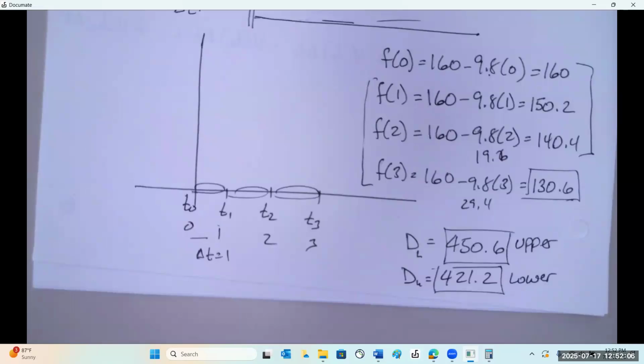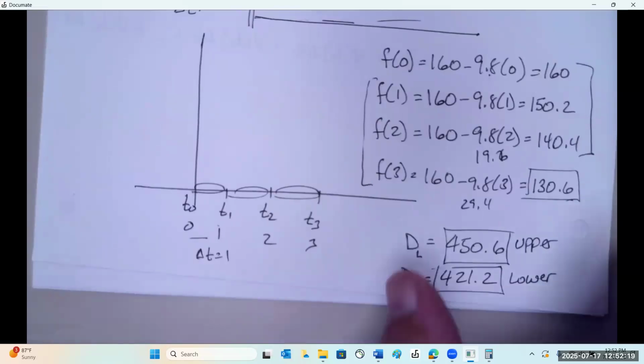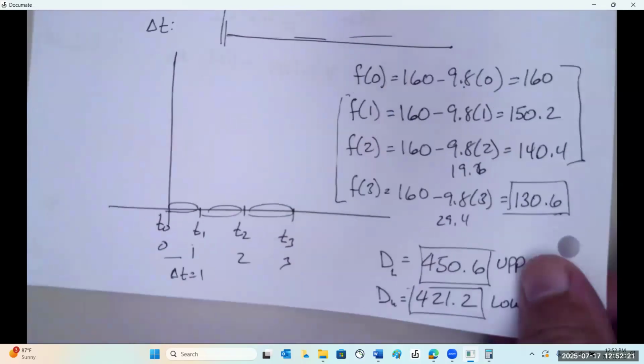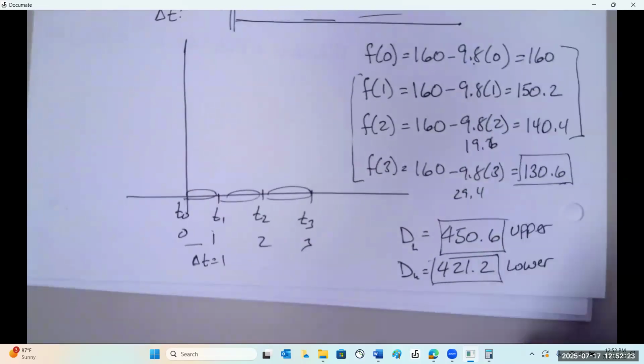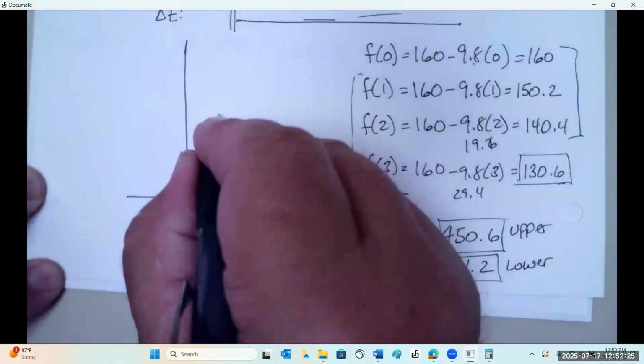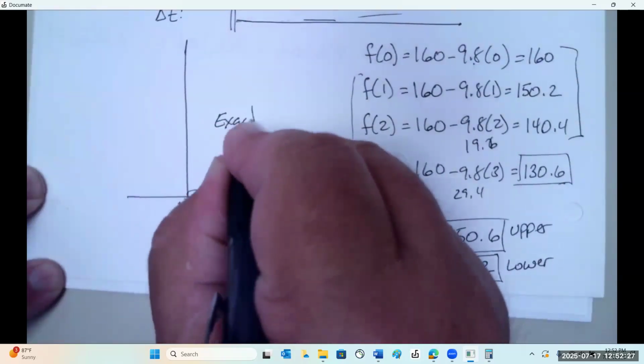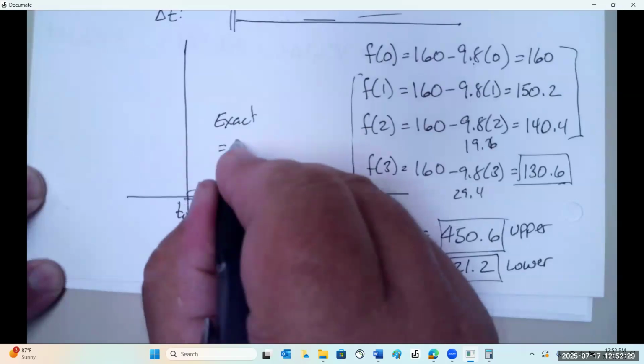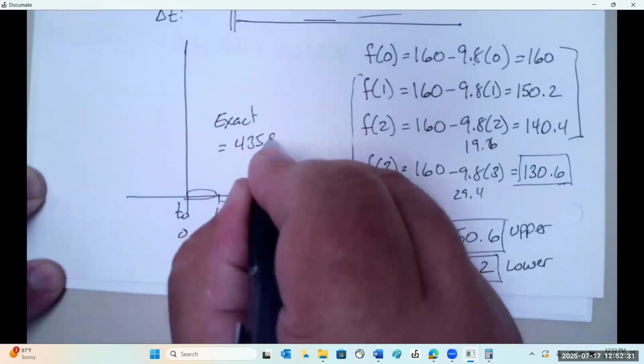What we're looking for here is how close we came to the exact value, which equals 435.9.